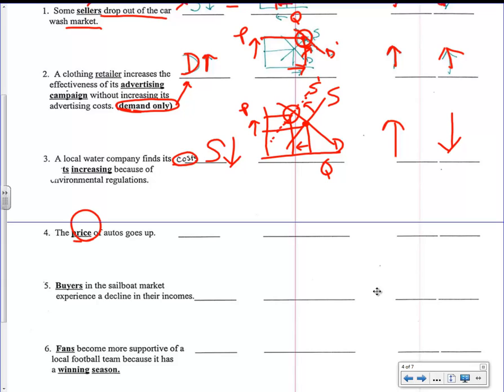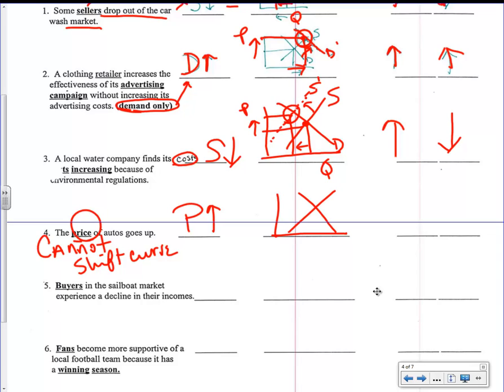Next item is price. Price cannot shift the curve. It says the price of automobiles goes up. So the price is rising. Therefore, when it's a price change, here's our equilibrium. That simply means that we are charging a price higher than the equilibrium.